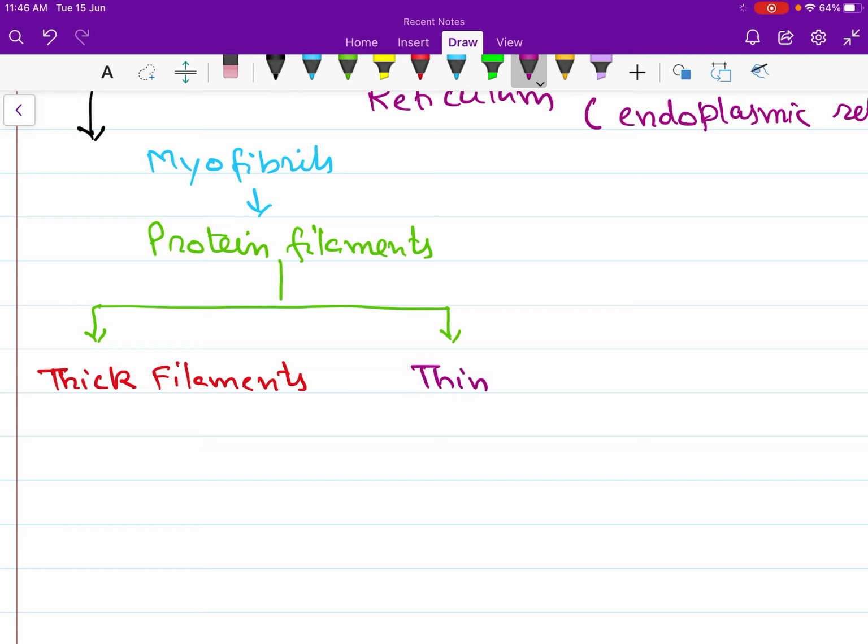So the two types of filaments that form the myofibril are thick filaments and thin filaments.